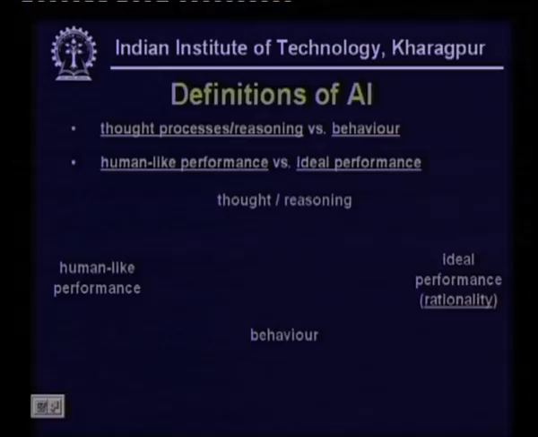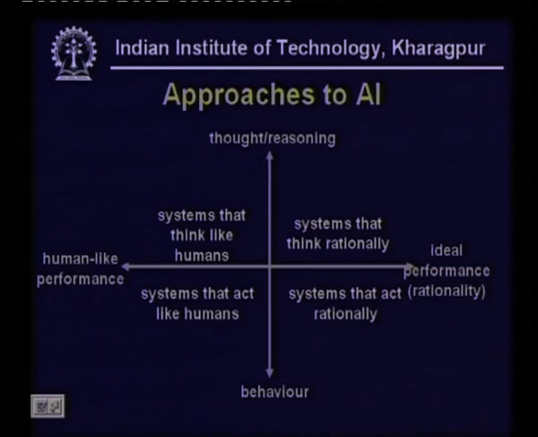And this diagram shows the four different definitions that emerge from these two dichotomies. On the one hand, we have thought or reasoning versus behavior. On the other hand, we have human-like performance versus ideal performance.